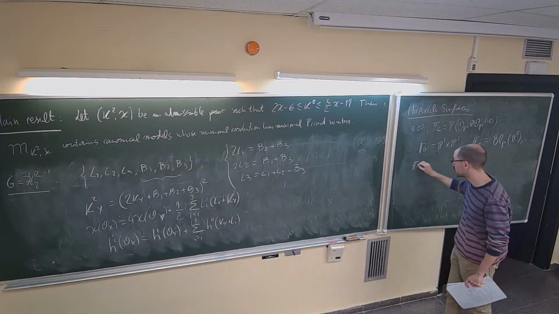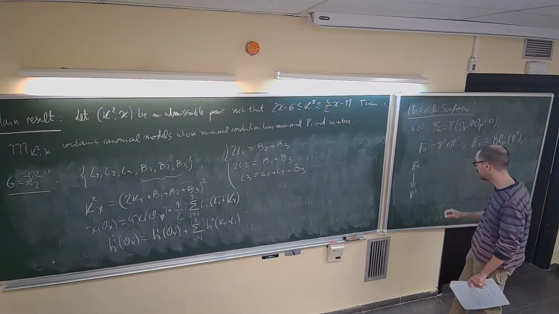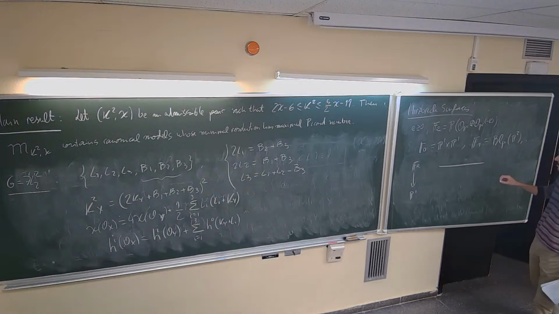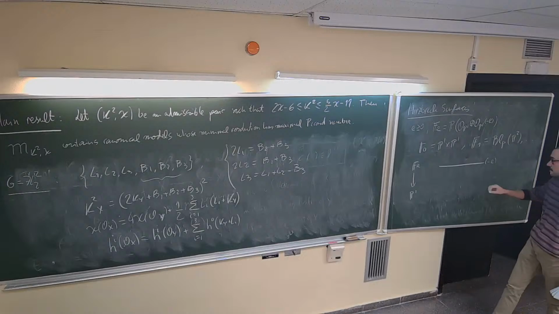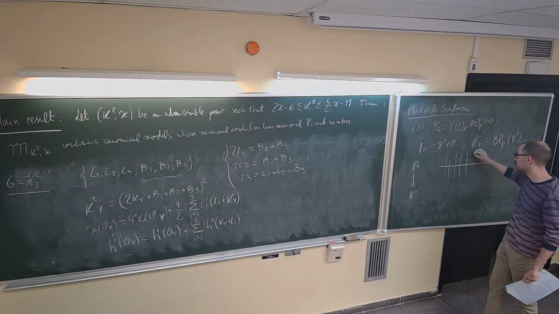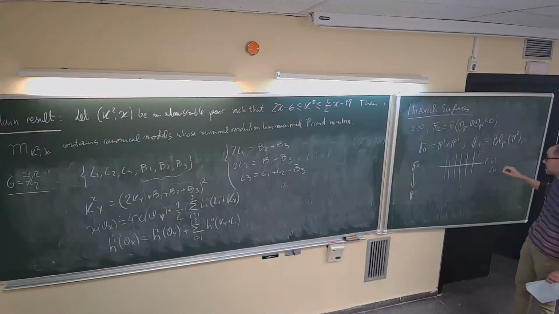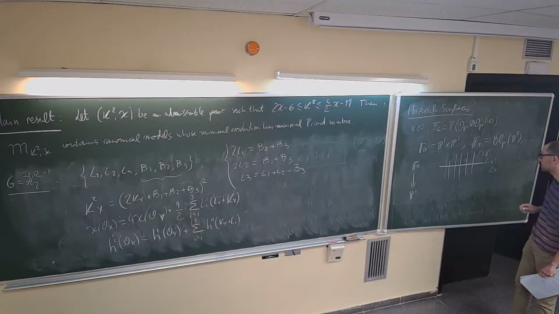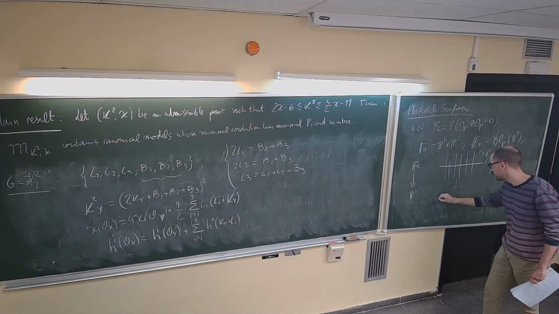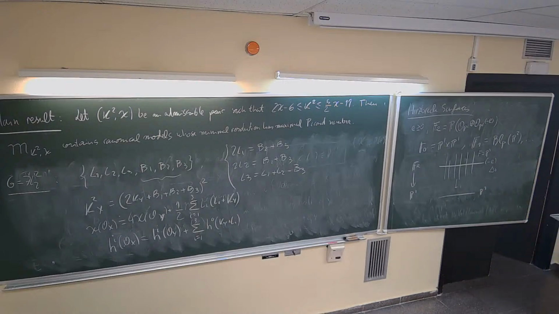They are ruled surfaces over P1, and they have a negative section, a section with negative self-intersection, that will be denoted by Delta 0. The fibers of this fibration are isomorphic to P1, and the Picard group of these surfaces is generated by the negative section and a fiber.